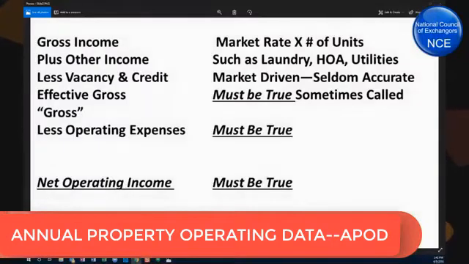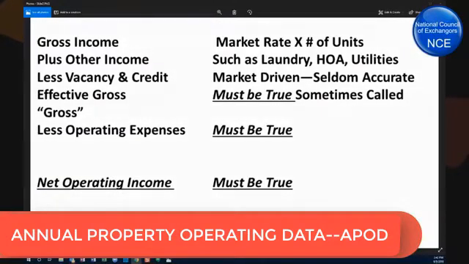For other income, I've seen brokers not add the laundry income in, but take it out as an expense. Same with HOA and utilities. So Ed, can you give me your thoughts on that?